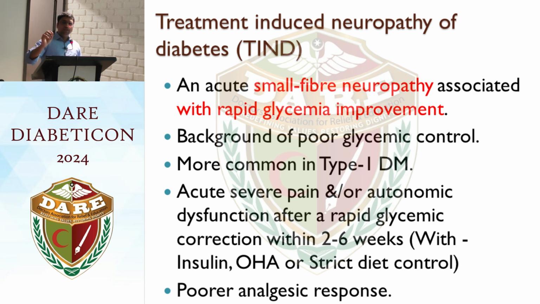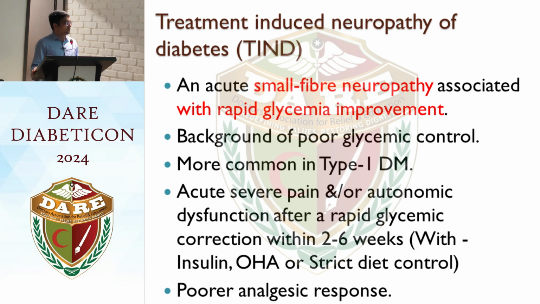Then coming to treatment-induced neuropathy of diabetes. This is basically a small fiber neuropathy happening due to rapid glycemic control. Obviously, it happens against a background of poor glycemic control. It is more common in type 1 diabetes. As it is small fiber involvement, the manifestation will be acute severe pain or autonomic dysfunction after rapid glycemic control, whether from insulin, oral hypoglycemic drugs, or strict diet control.